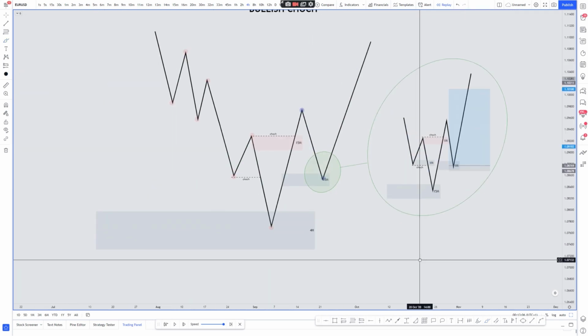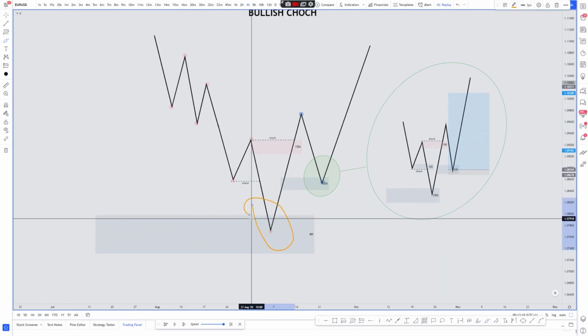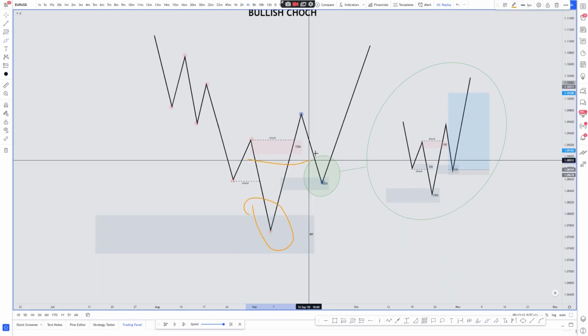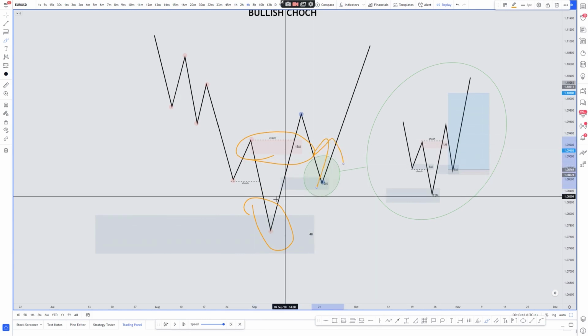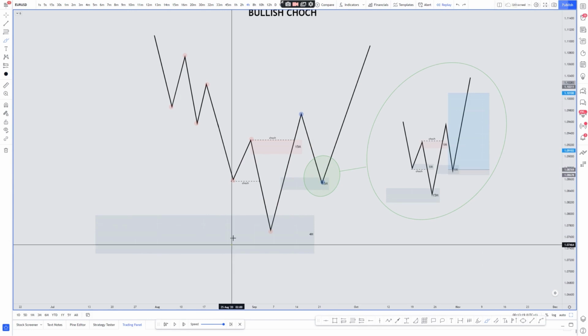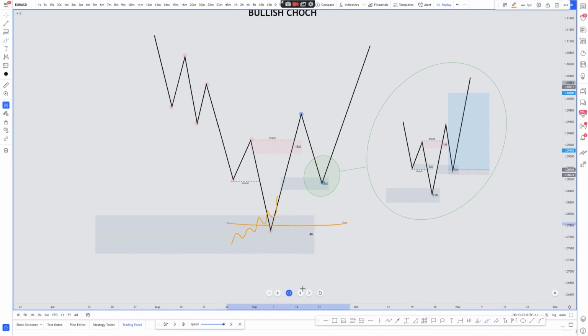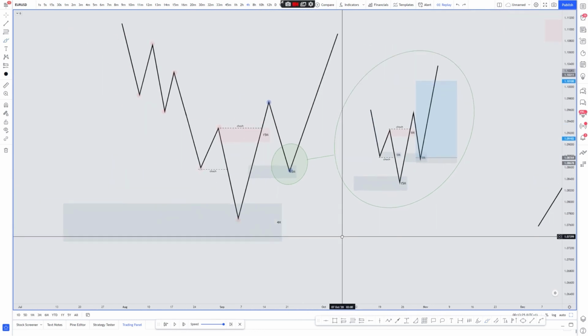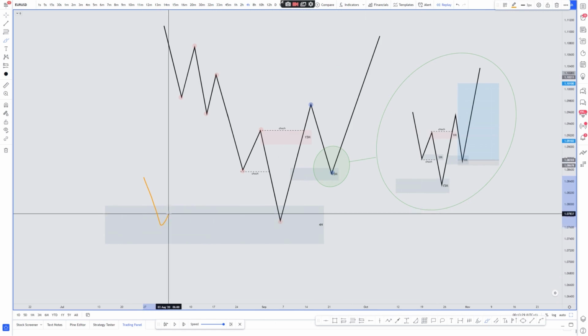So the exact same thing here as we tap into this demand zone. We're again going to wait for a 15-minute supply to fail before we just start buying. I don't really care if there's a 1-minute break of structure here and here and here. We don't just start buying for no reason, because more often than not, what will happen is the market will do something like this.